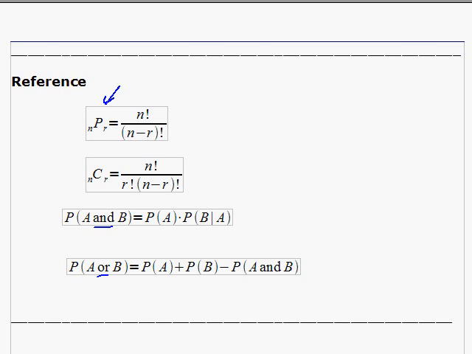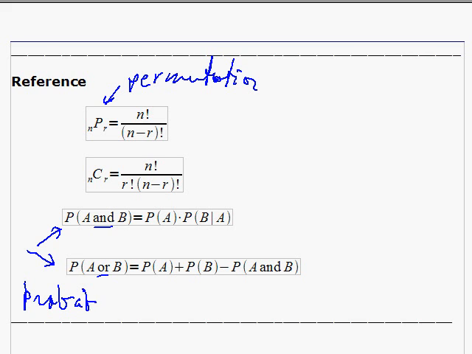Note, this P means permutation, and this P here and here means probability. A and B are events. What's the probability that event A and event B will either occur together or one right after the other and then be in effect after that?